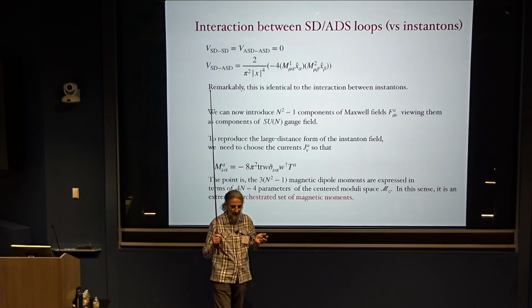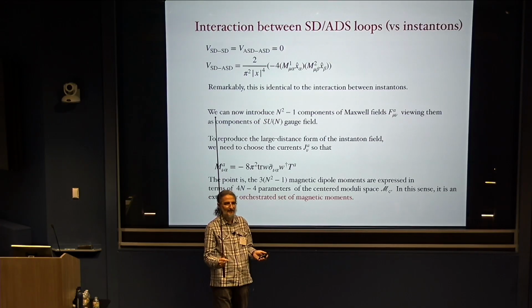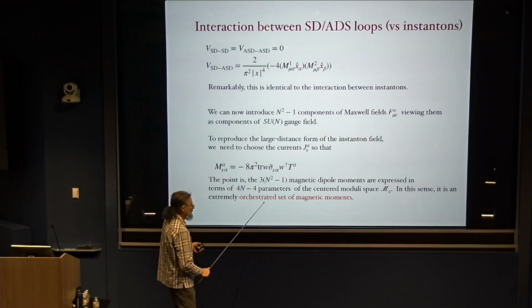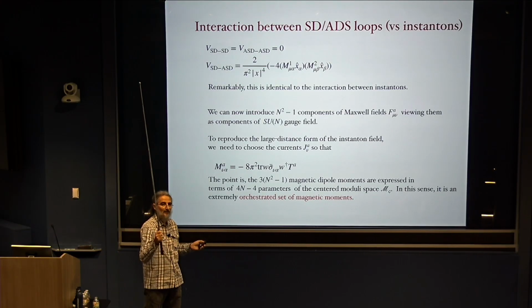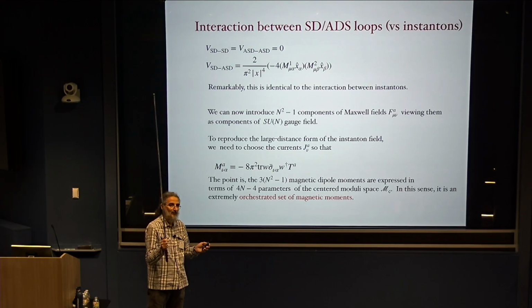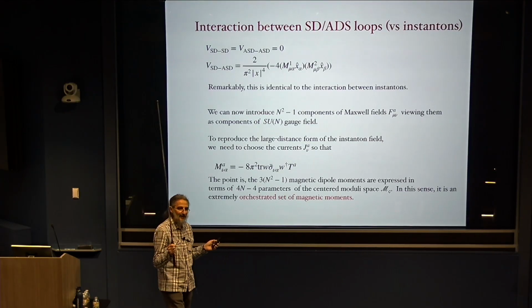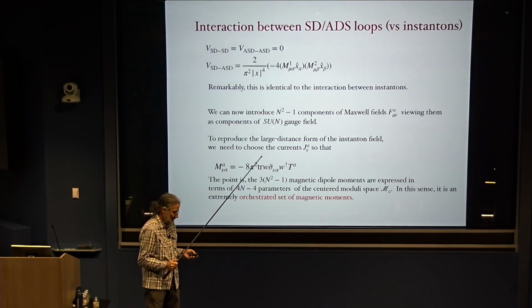It is something extremely orchestrated. I intentionally use this word because they don't play a game distinct from each other. They are all in harmony. They do something in unison in some sense. Okay, it's interesting.